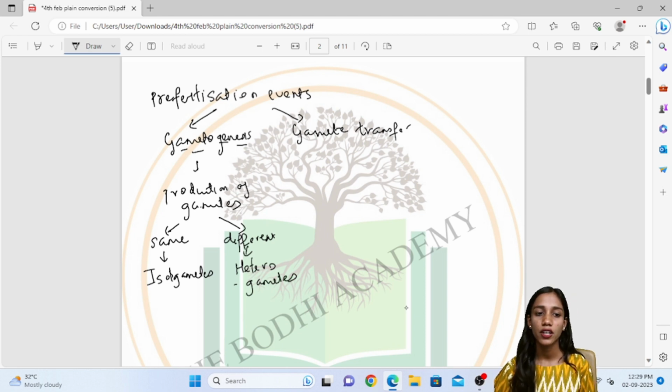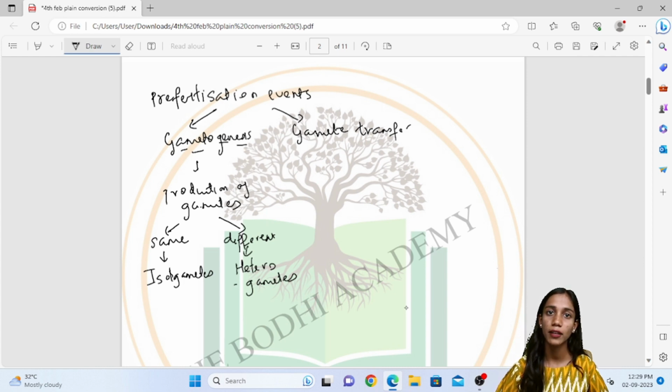So in the production of gametes, depending upon the organism, the male and the female gamete can be same, and when they are same, it is difficult to distinguish between them. They are called as isogametes. And in some cases, for example, in human beings, the male and the female gamete are completely different. You can look and identify it because of their morphological characteristics and many more other things, and they are called as heterogametes. Okay, so this comes under gametogenesis.